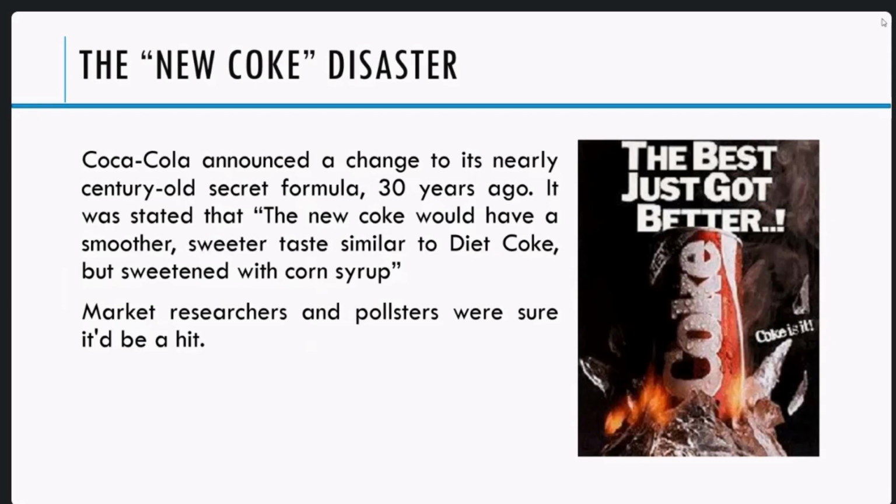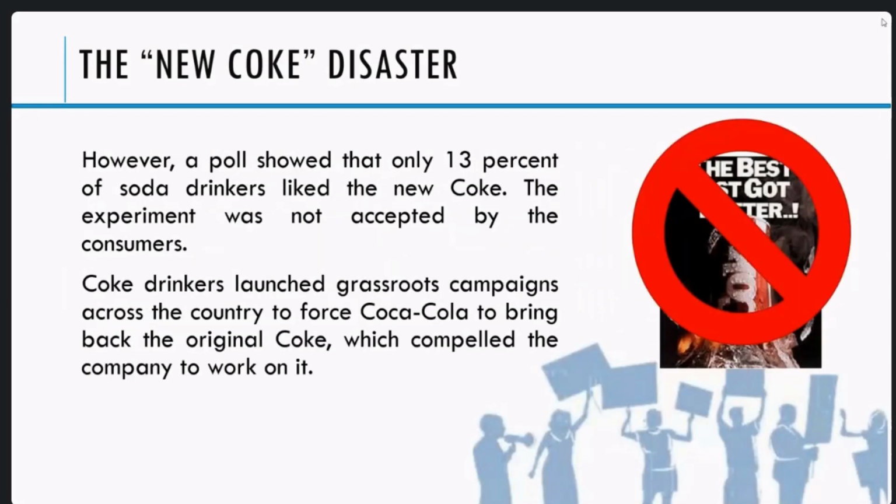And what happened, you see? After that, when the new Coke has gone to the market, the poll has been conducted and they see that it is beaten badly by the market. That means only 13% of the soda drinkers liked the Coke. Rest all didn't like the Coke. On the other hand, the Coke drinkers launched a grassroots campaign across the country to force Coca-Cola to bring back the original Coke.